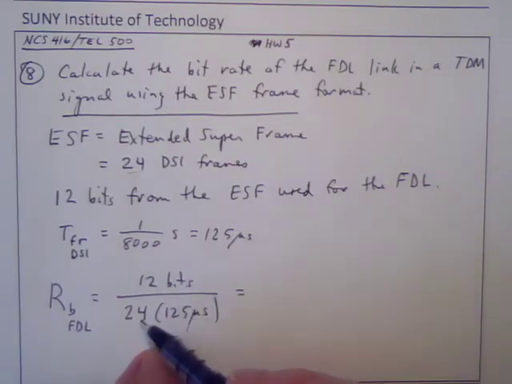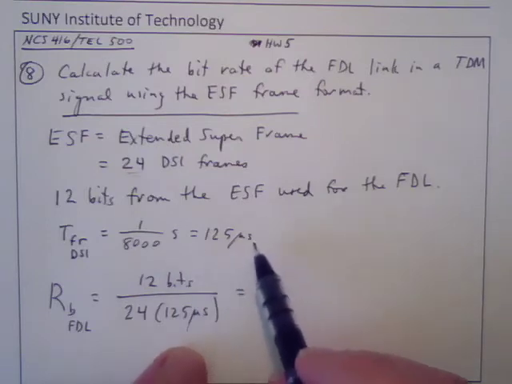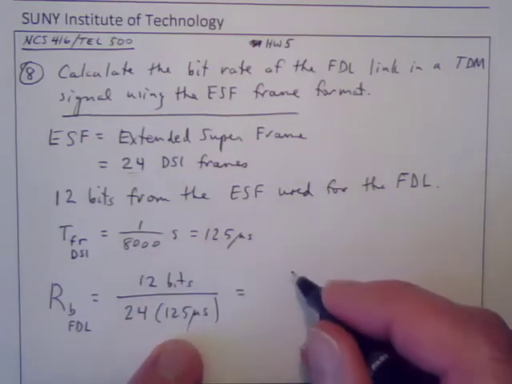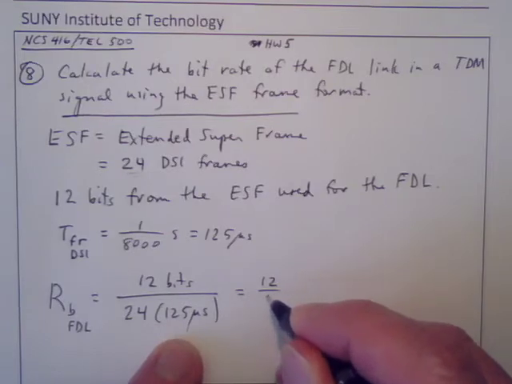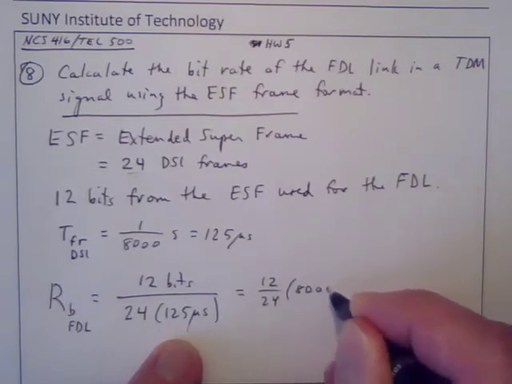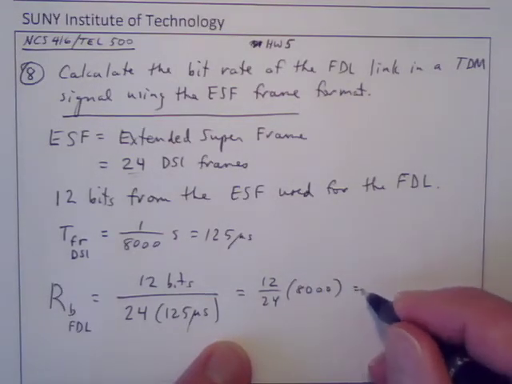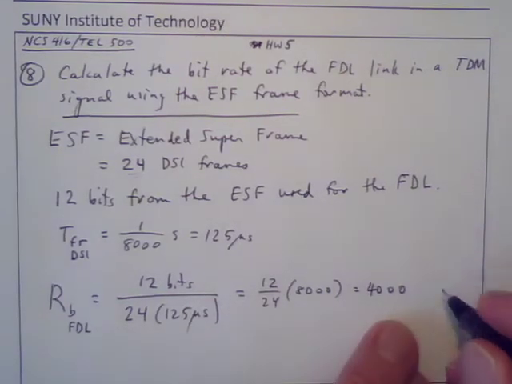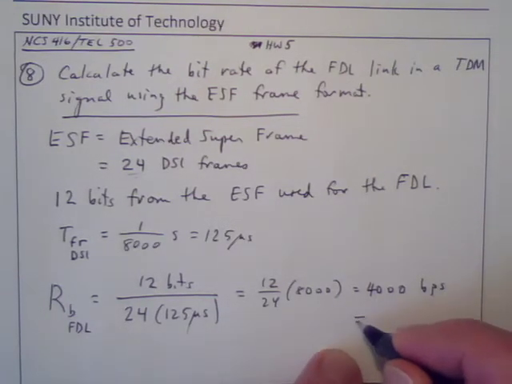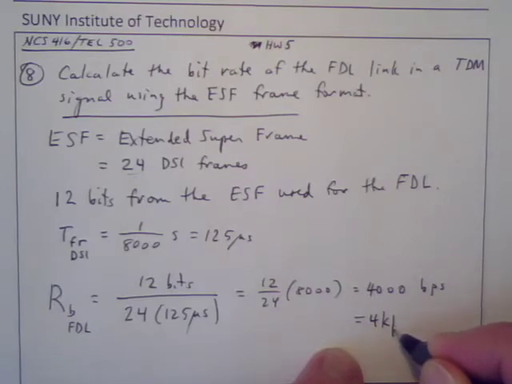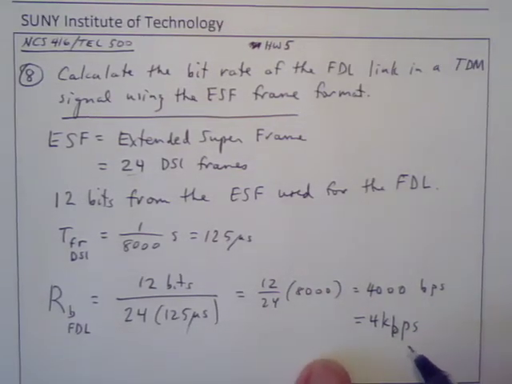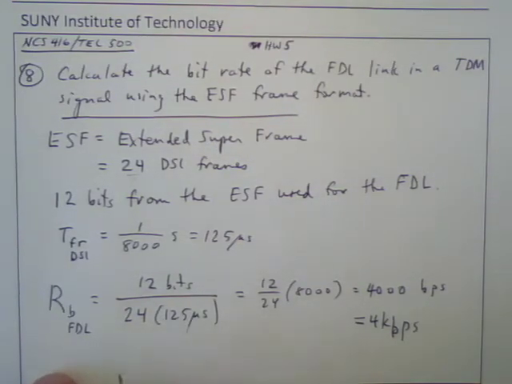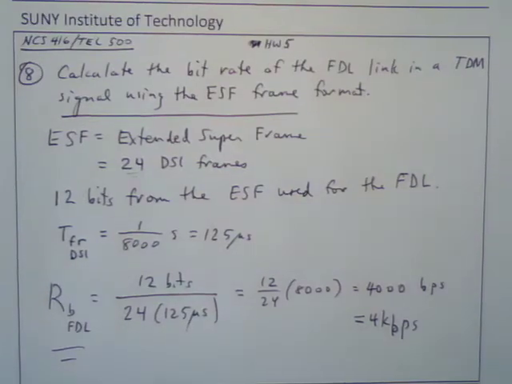Or, let's see, 125 microseconds is 1/8000, so I can write 12 24ths times 8,000, or half of 8,000, which is 4,000 bits per second, or 4 kilobits per second. Sorry about that. I think you get the idea. 4 kilobits per second is the rate of data transmission on the FDL link, according to definition.